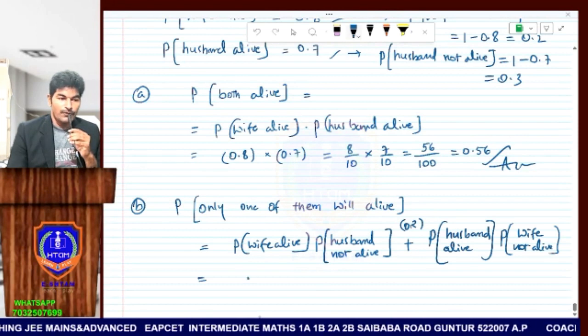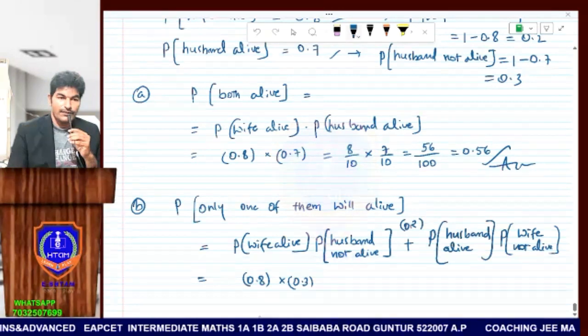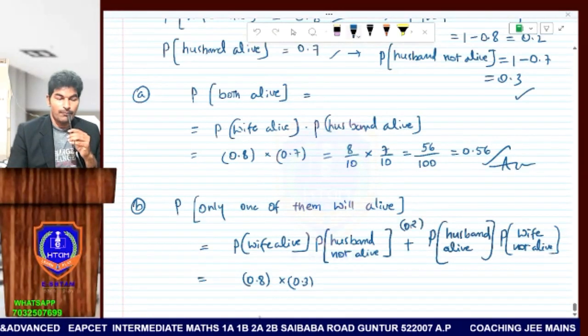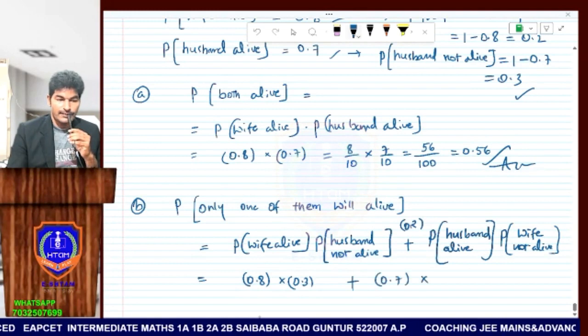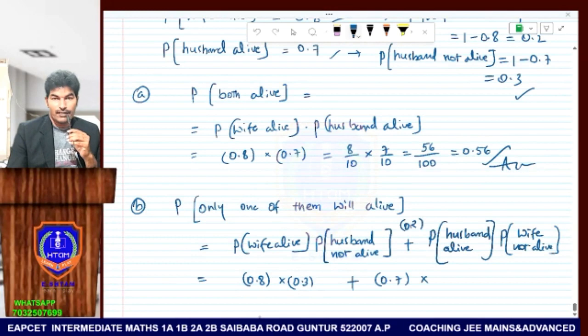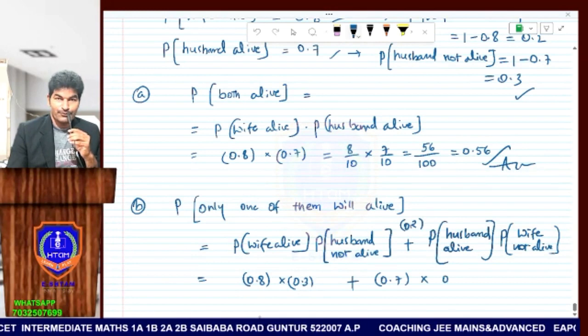What is the probability of wife alive? 0.8. What is the probability of husband not alive? 0.3. After that, plus husband alive, that is 0.7, and wife not alive means 0.2.